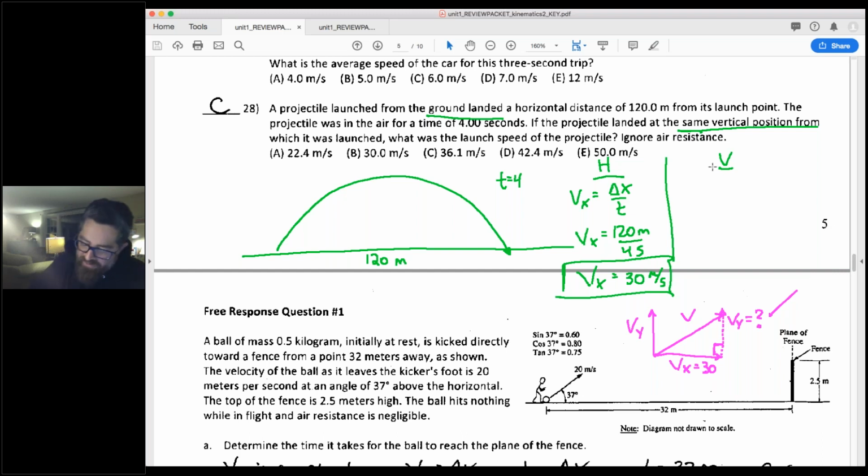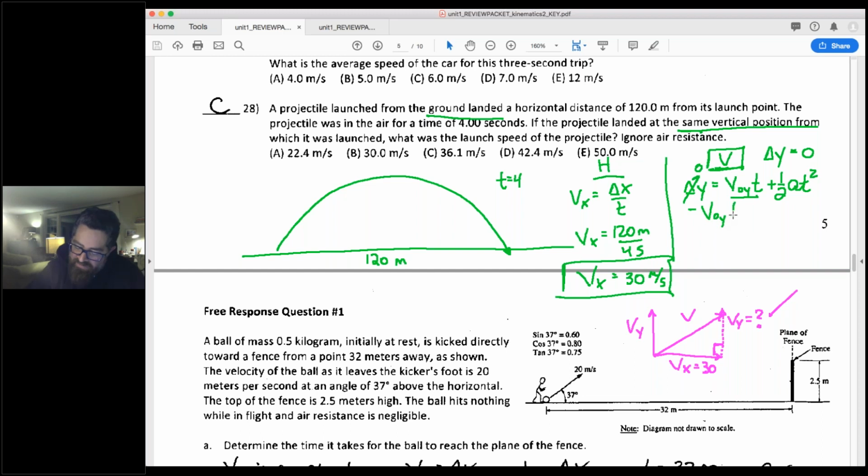So let's go back over here to the vertical direction and see what we can figure out. Remember that on a long level range, delta y is equal to 0. So when I write out my first kinematics equation, I get delta y is equal to V0y t plus 1/2 a t squared. This is equal to 0. And then I'm going to subtract this term from both sides.